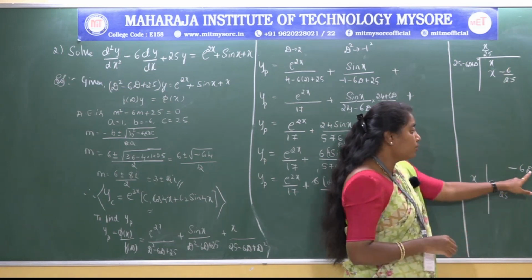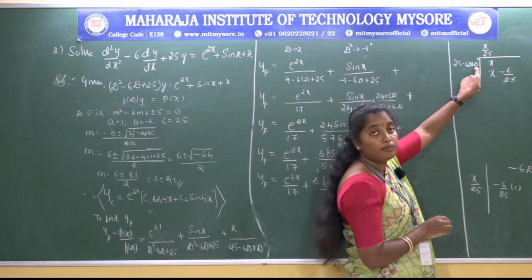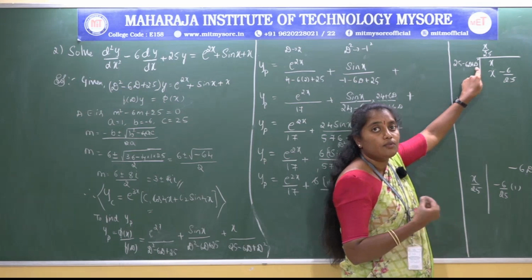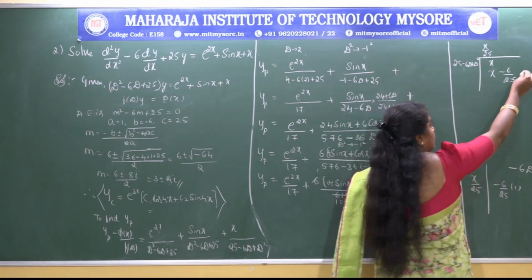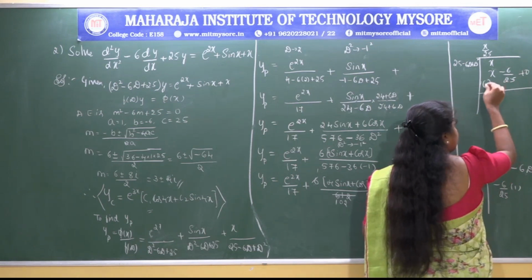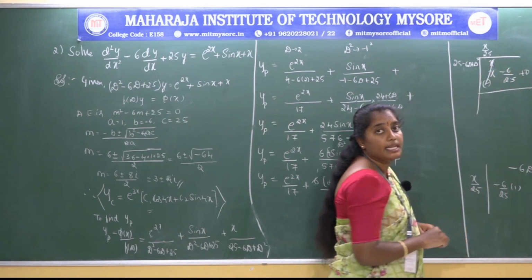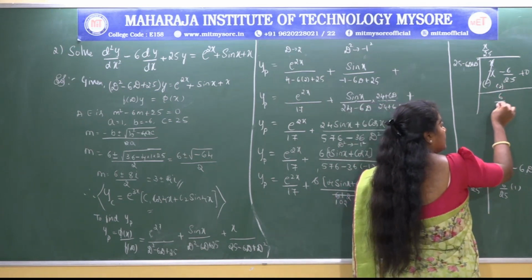On differentiating once, we get a constant term here. That means in the next step we have d square, and differentiating one more time, the differentiation of a constant term is 0. The next term is 0. Continuing the division, simplifying this, minus x plus x get cancelled, and here we have a positive sign, we get 6 by 25.